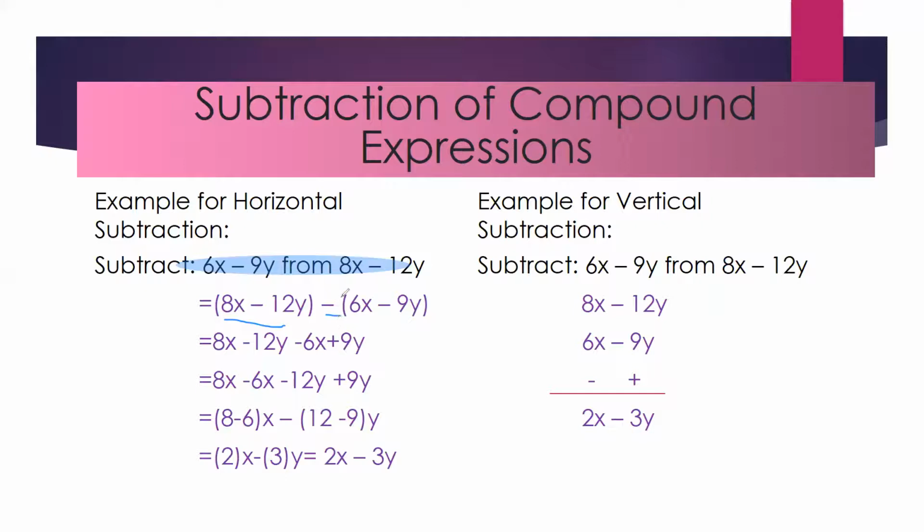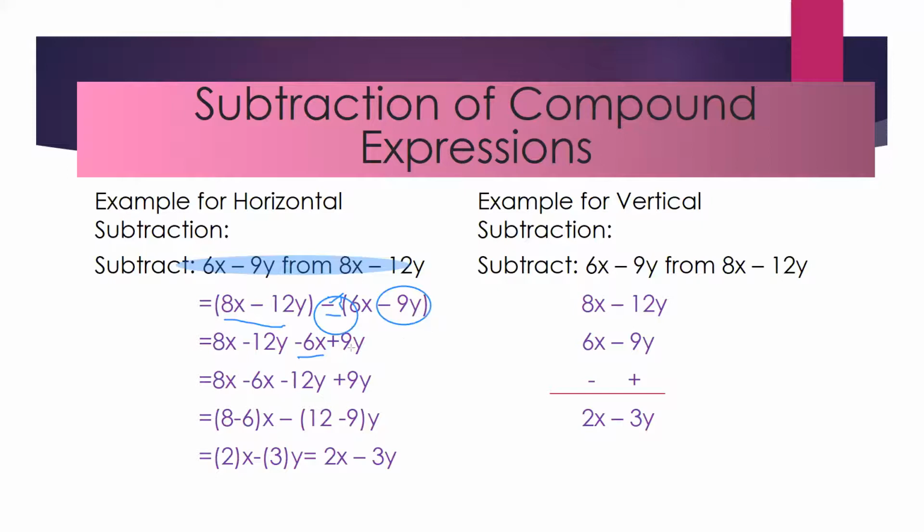Now when you remove the bracket in the next step, the sign is going to be multiplied. So minus times plus, we get minus 6x. This step is very important. Please, students, if this negative sign is multiplying with 6x, it is also going to be multiplied with this minus 9y.